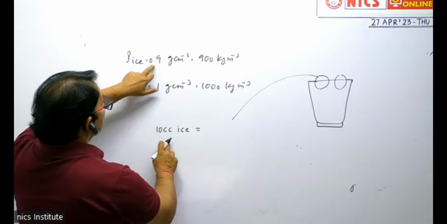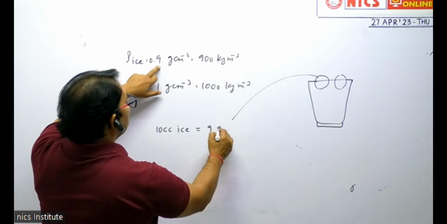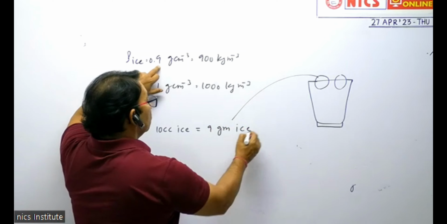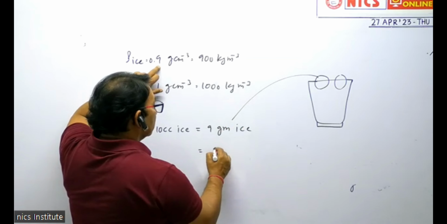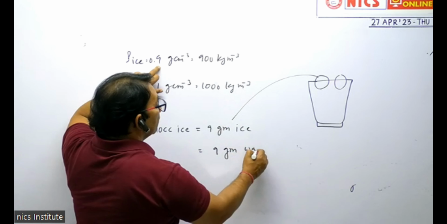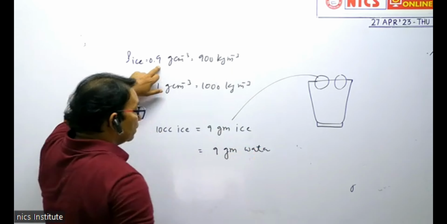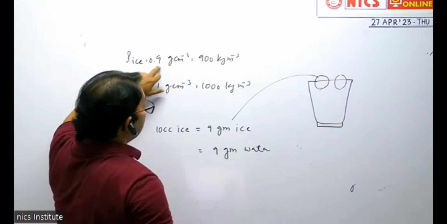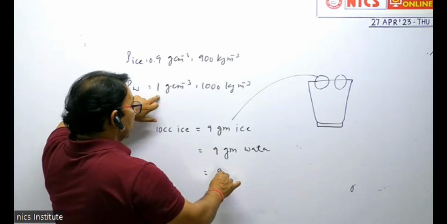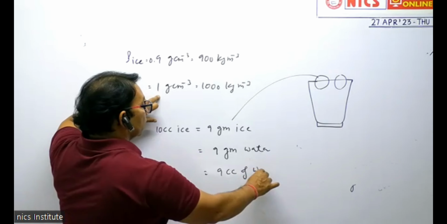Volume is 10 cc, so the mass would be 9 gram, correct? When 9 gram ice converts into water after melting, how much water will become? Only 9 gram of water will become, because mass cannot reduce. And the density of water is 1. So it will become 9 cc of water.